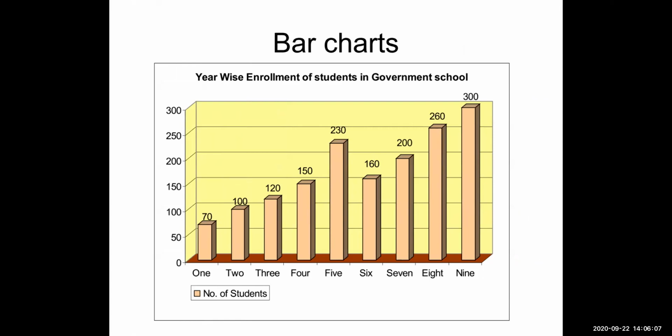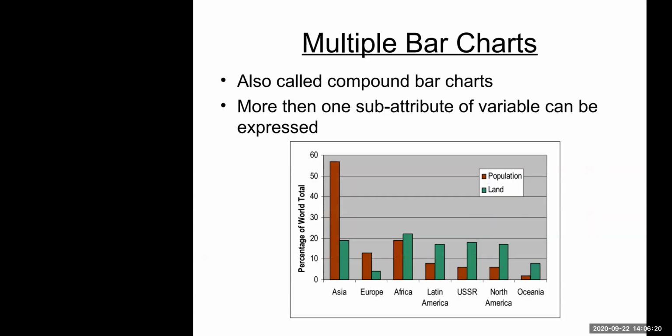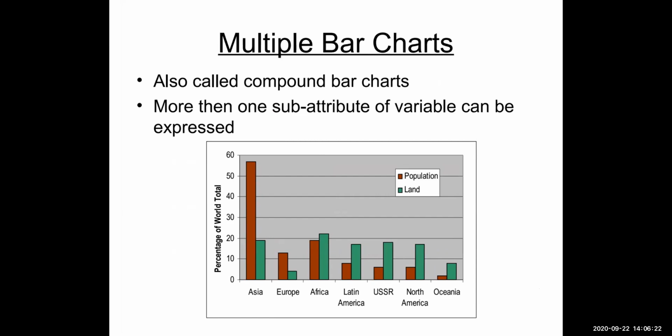We can make out from this how many students have enrolled in government school every year. Then we have multiple bar charts. This is also called a compound bar chart, wherein when we have more than one sub-attribute of a variable, it can be expressed in the form of a multiple bar diagram.